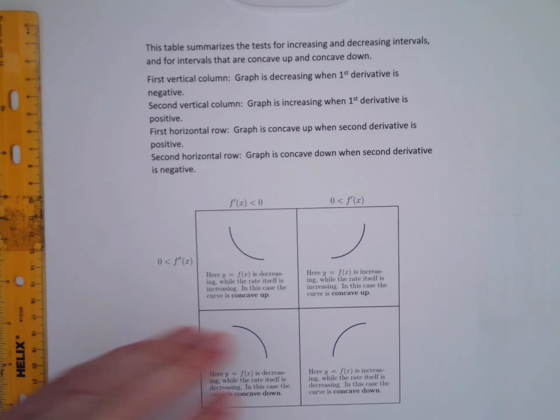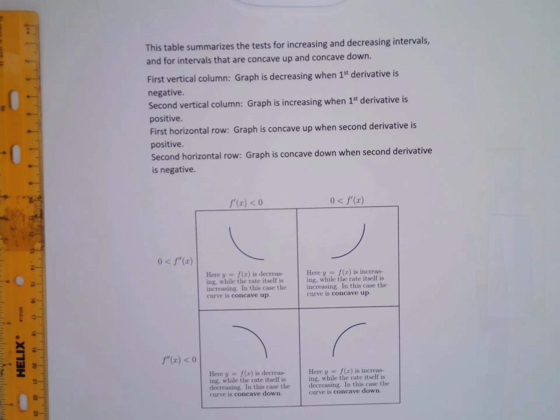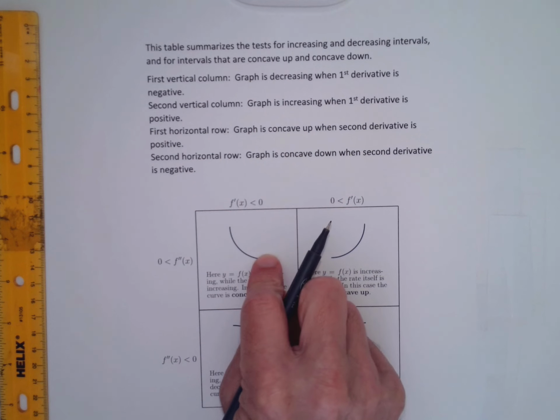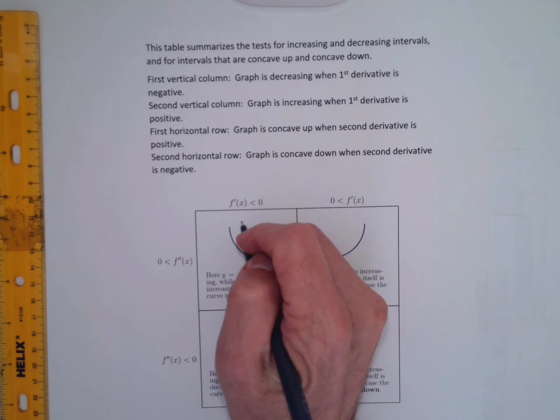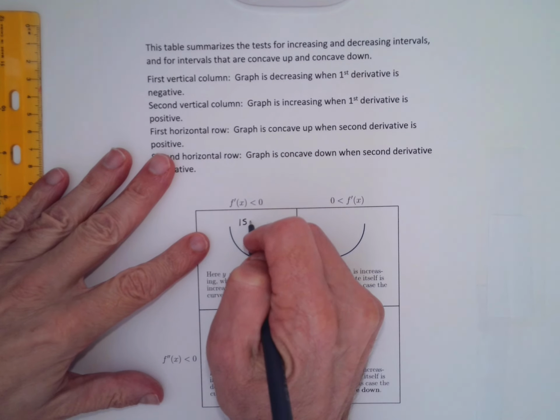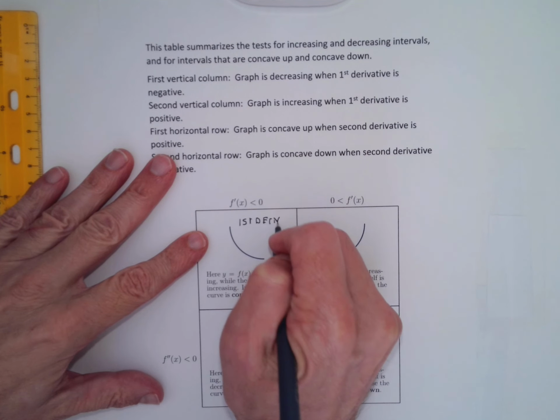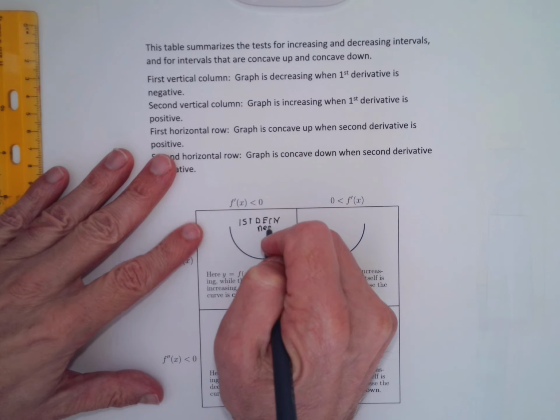And I tried to show this in a table, but I almost think I shouldn't show it. But this picture right here is a picture of a graph that's decreasing, which means the first derivative is negative, because it's decreasing, but it's concave up.